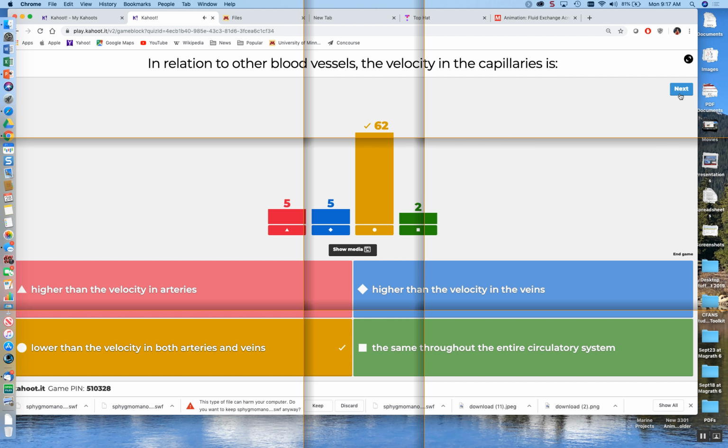Yes, good job. It's lower than the velocity in both the arteries and the veins. It slows down tremendously in the capillaries to allow enough time for oxygen and nutrients.